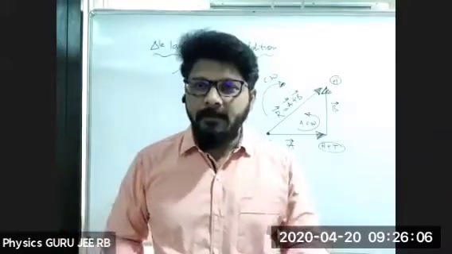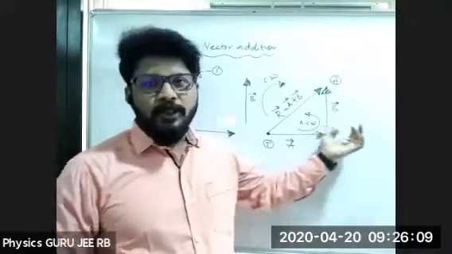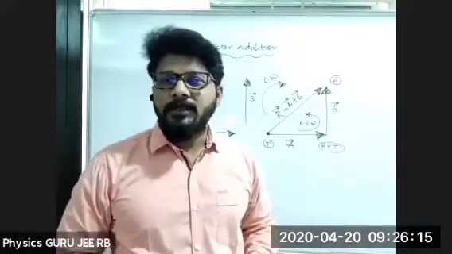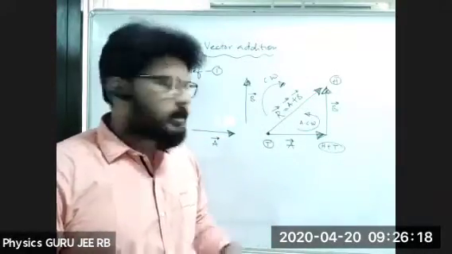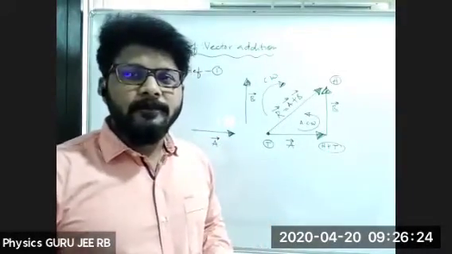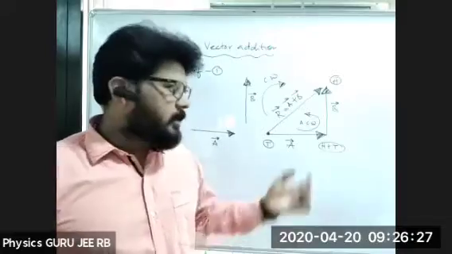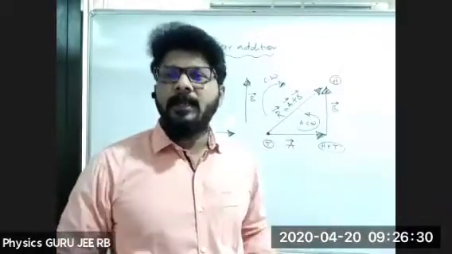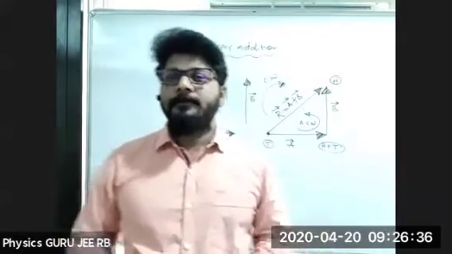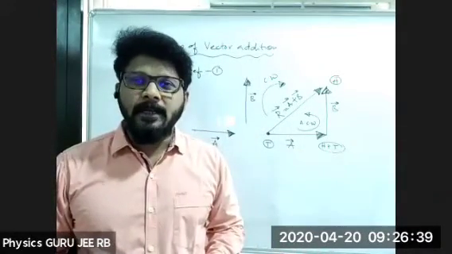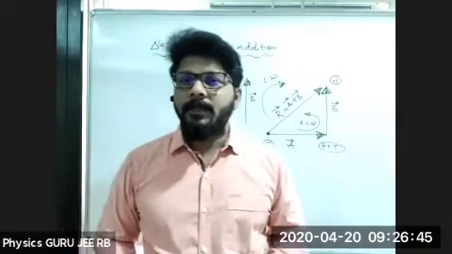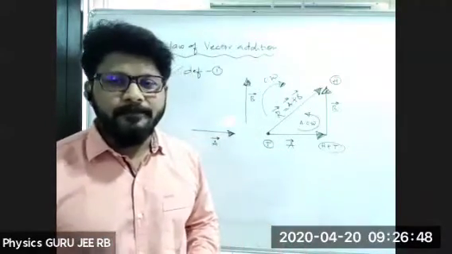Then the resultant of these two vectors, in brackets A and B, is represented by the closing side of a triangle taken in reverse order.